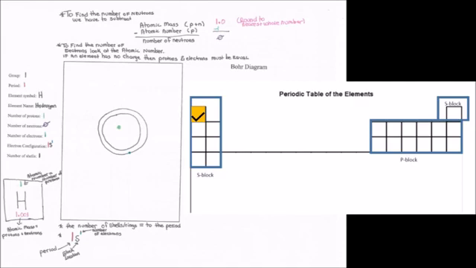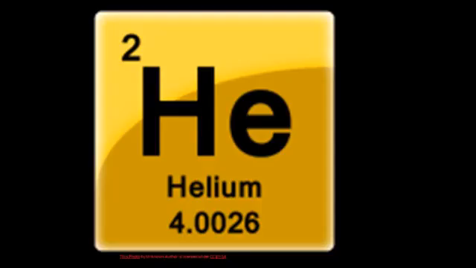So when I'm looking at my electron configuration here, that 1 tells me I'm in the first period. We know we're in the S block and we have 1 electron. So our electron configuration for hydrogen is a 1s1 configuration.